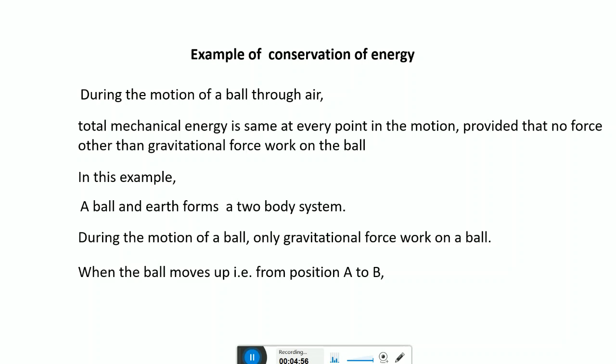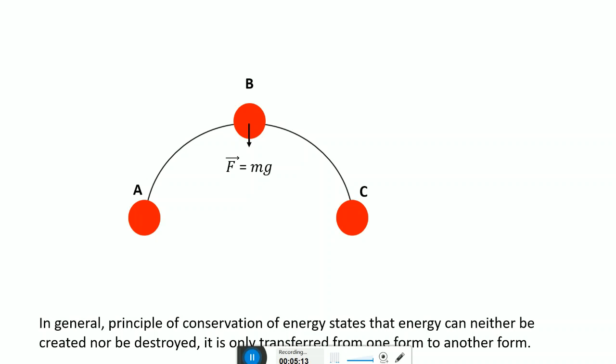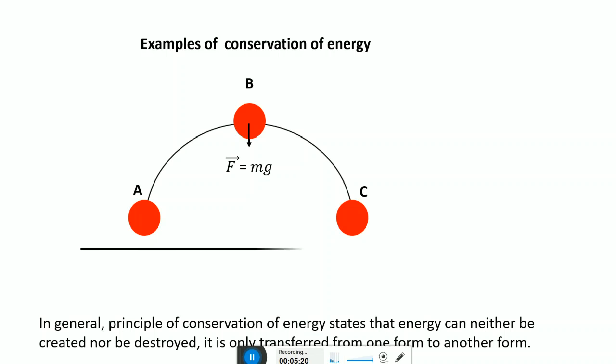In this example, a ball and Earth form a two-body system as shown in the figure. During the motion of the ball, only gravitational force works on the ball. And when the ball moves up, that is from position A to B, this is an example of conservation of energy.